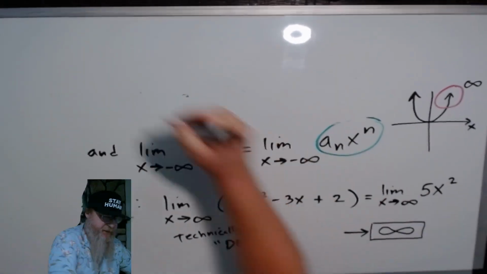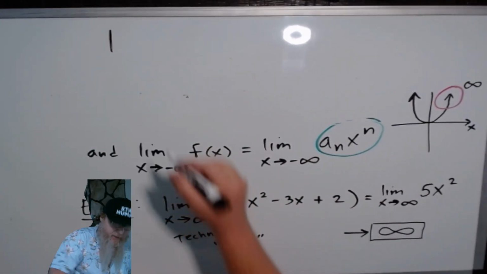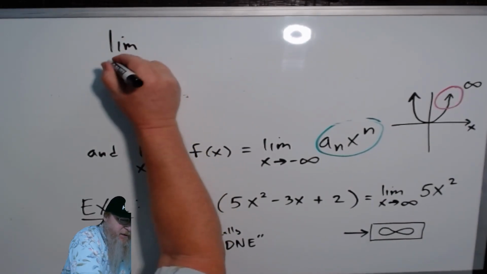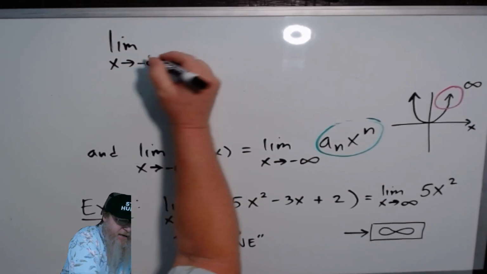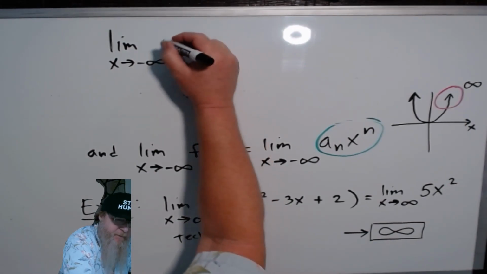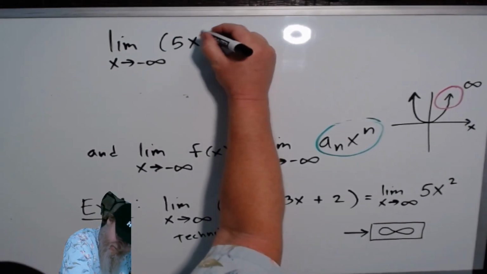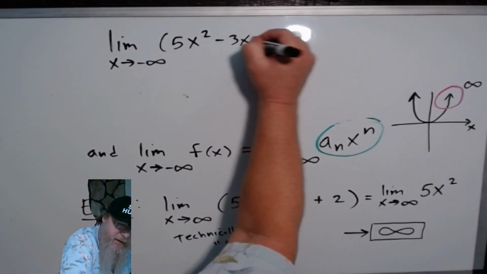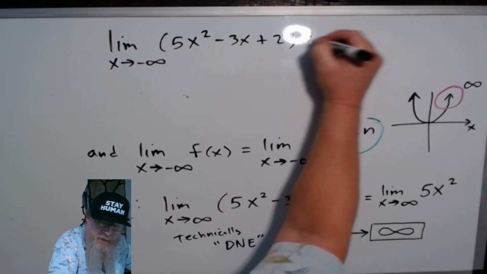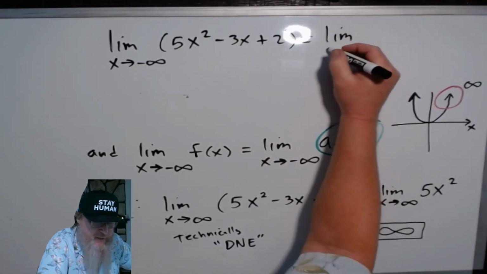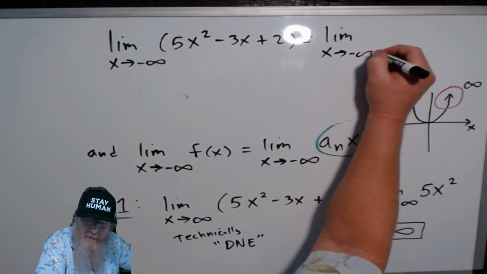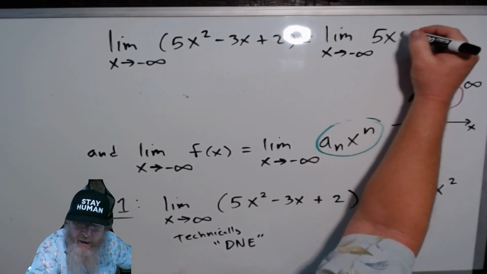Let's continue with this example. I guess I could just continue up here. The limit as x goes to negative infinity. Let's do the same one, 5x squared minus 3x plus 2. Again, that's going to be the same as the limit as x goes to negative infinity of just 5x squared.